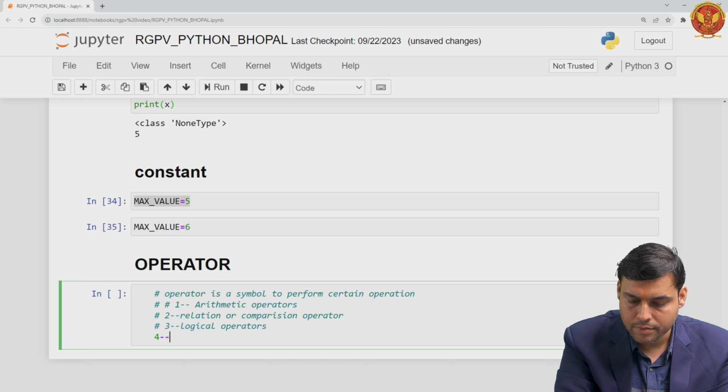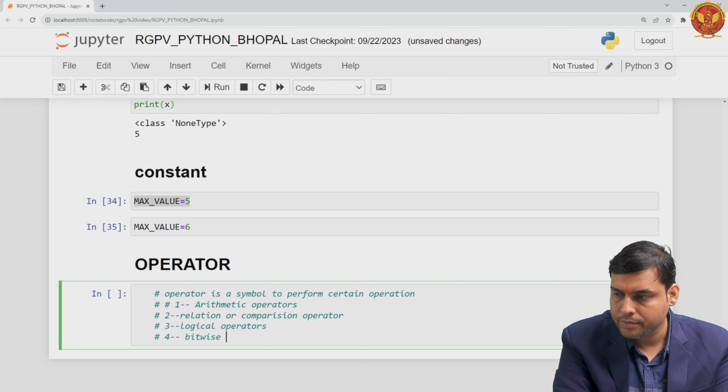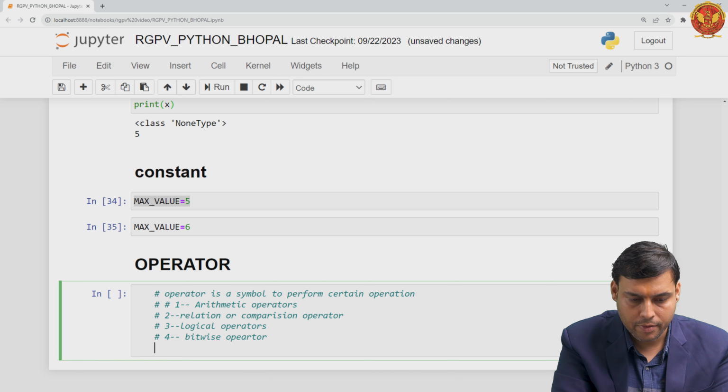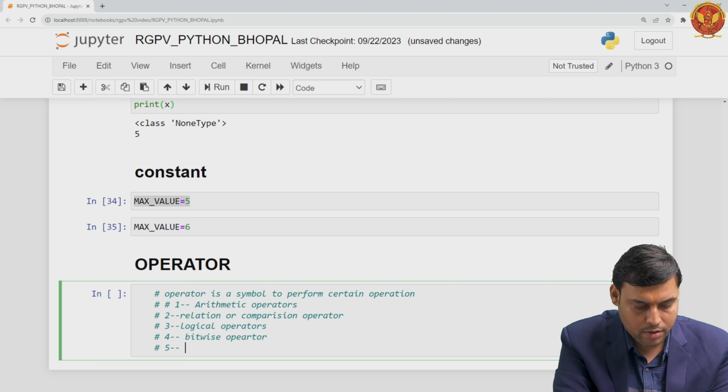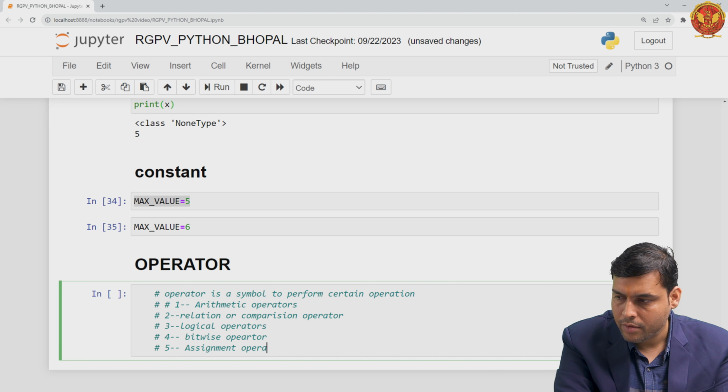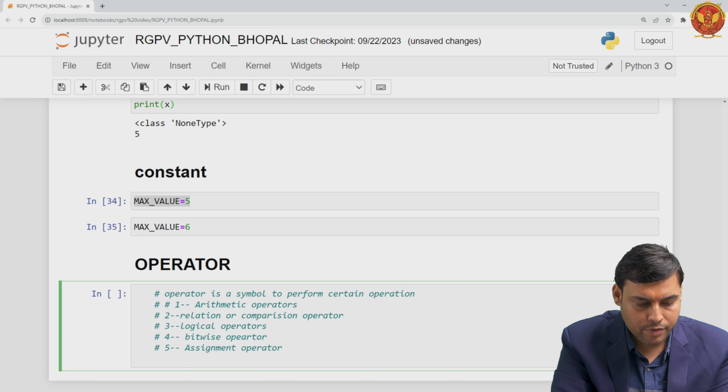Fourth one is bitwise operator. Fifth one, assignment operator. The last one is special operators.